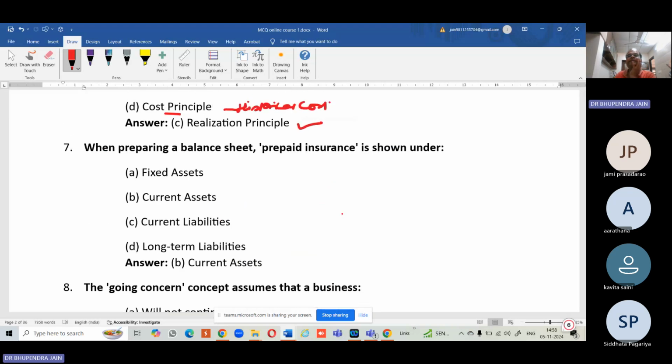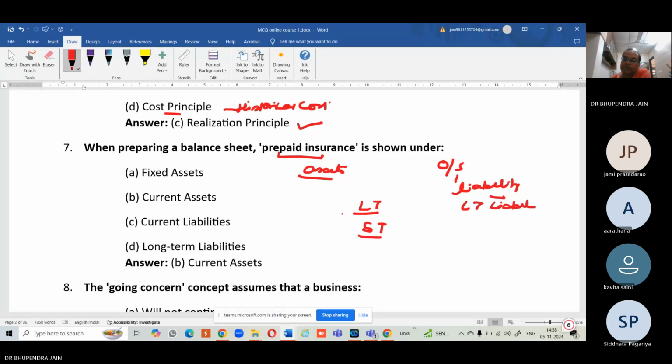When preparing a balance sheet, prepaid insurance is shown as. So prepaid is an asset and outstanding is a liability. Now the question is, is this a long-term asset or a short-term asset? And long-term liability and short-term liability.